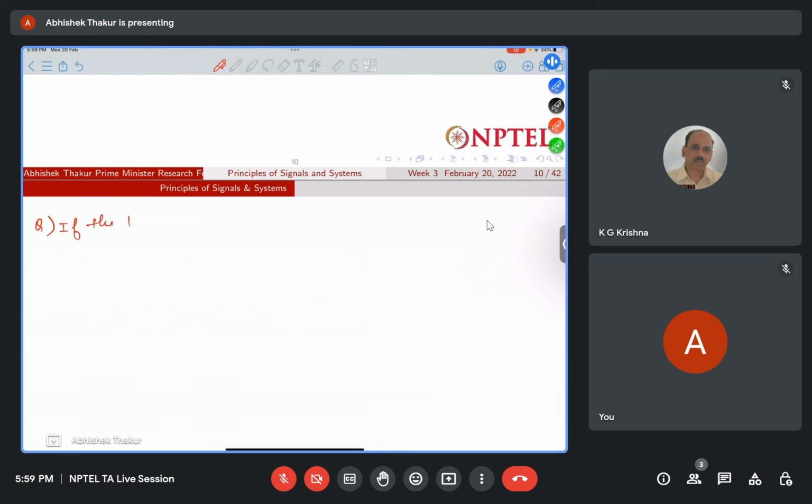If the response of an LTI system to unit step input, here the input is unit step, so this is the step response of the LTI system, is 1 by 2 minus 1 by 2 into e to the power minus 2t, then the impulse response of the system is.